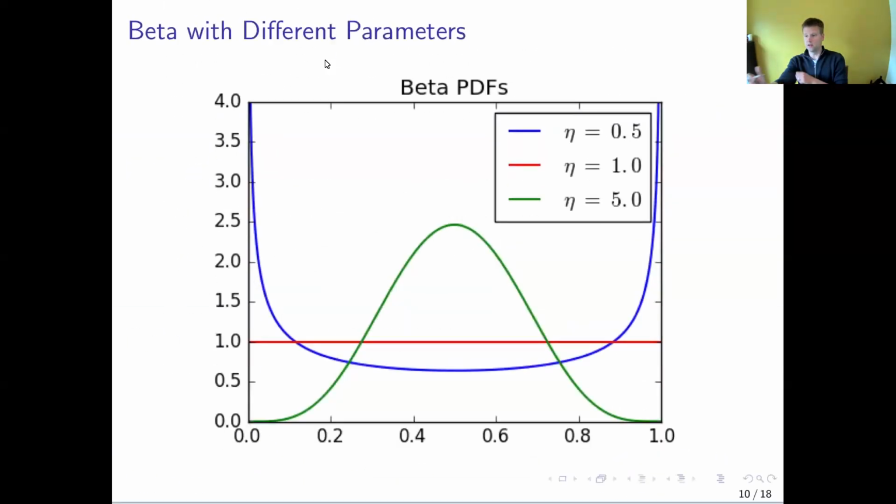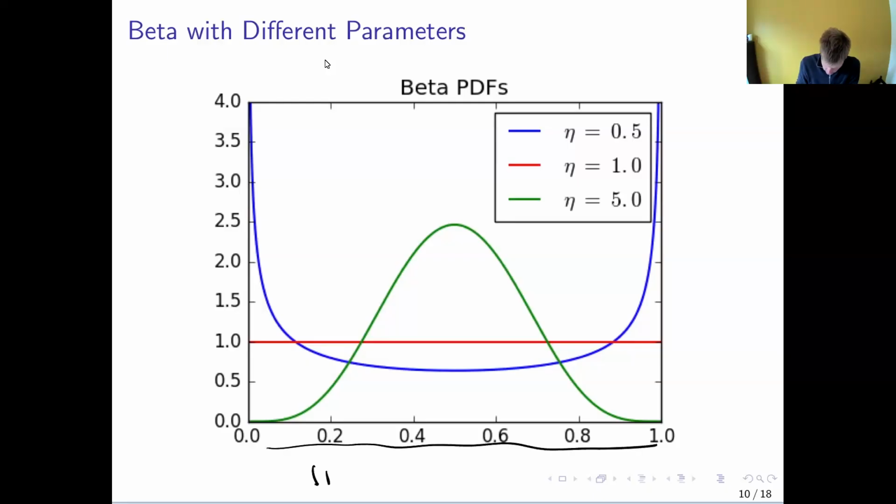If you want to get a little more visual intuition on how the Dirichlet looks, we can start with the beta. The beta is a distribution on the one-dimensional simplex, which represents probabilities in a two-dimensional space.